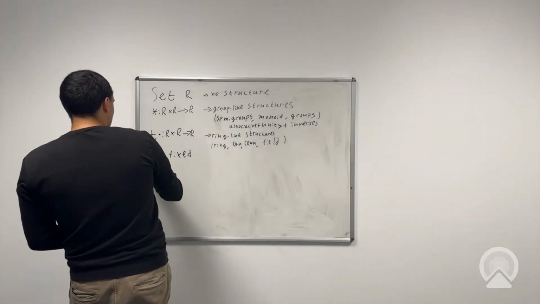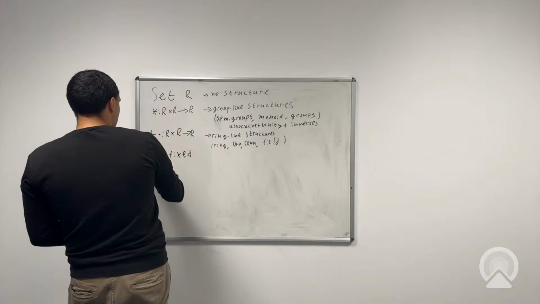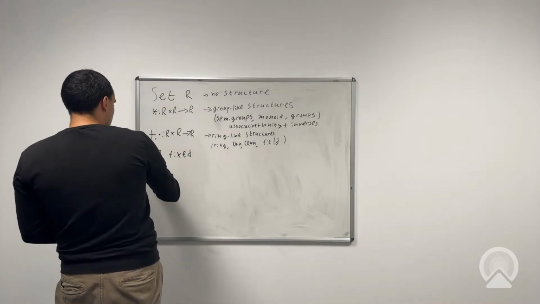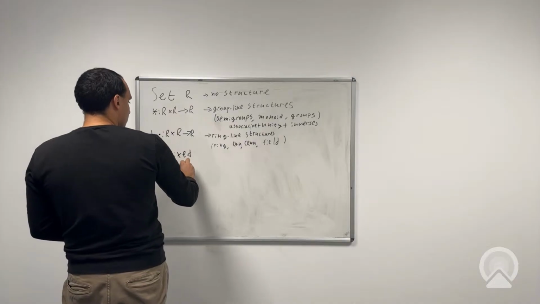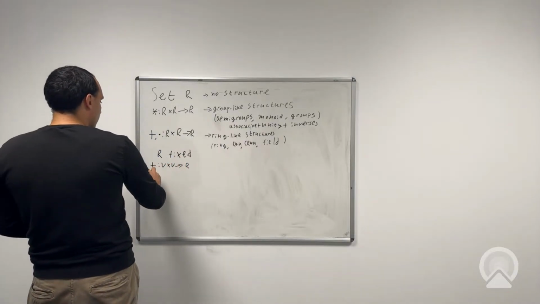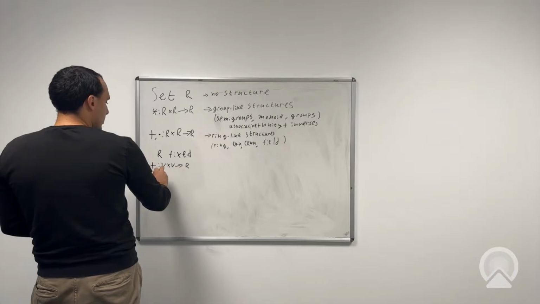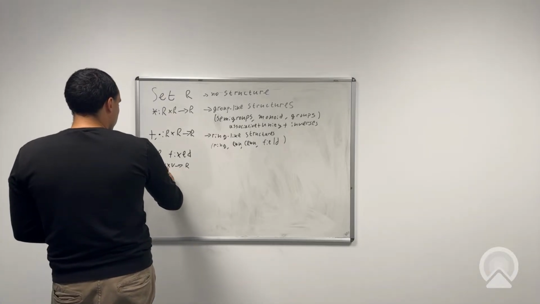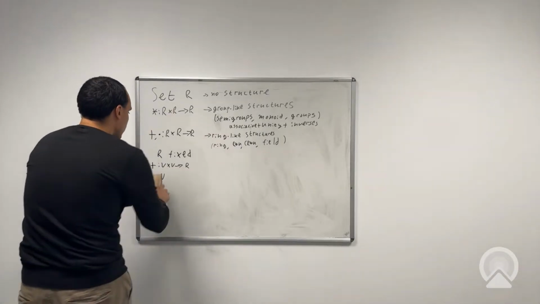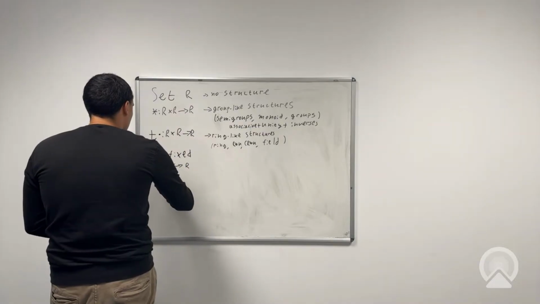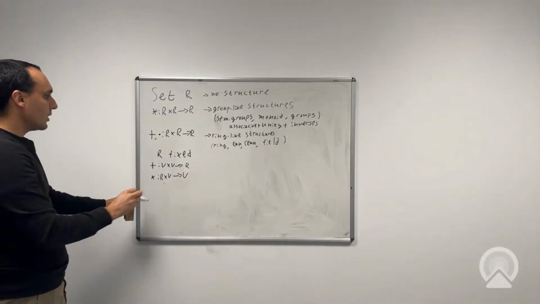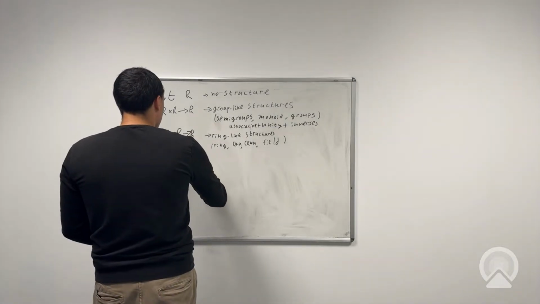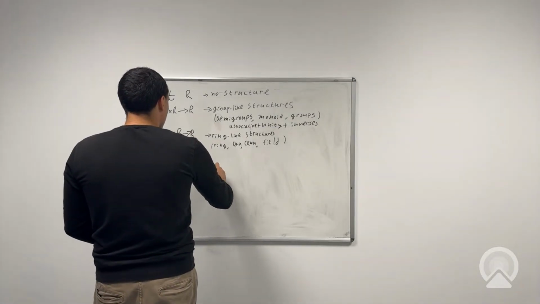If we have some set V with addition, which makes it an abelian group, and then we add scalar multiplication from R times V to V, we get a module, an R-module.